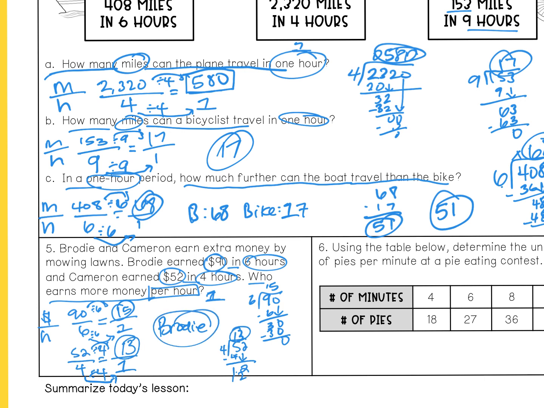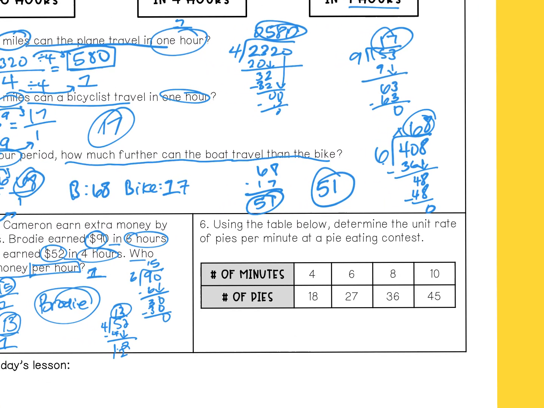All right, now moving on to number 6. Number 6 says, using the table below, determine the unit rate of pies per minute at a pie eating contest. So let's figure out how many pies are eaten per minute.